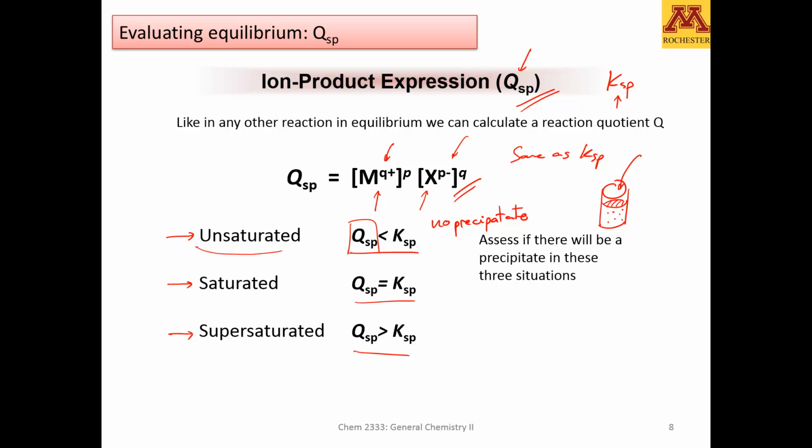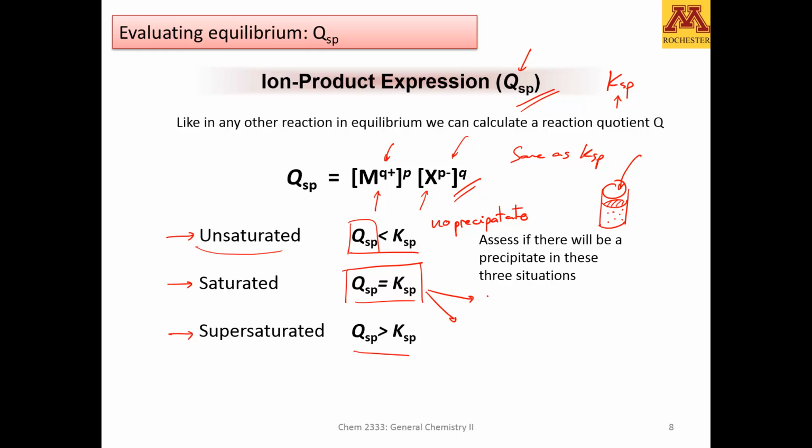To the point that when the QSP is equal to the KSP, that's called saturated. It means that the solution has reached the maximum number of ions that you can have in solution, and you can have solid or not solid.